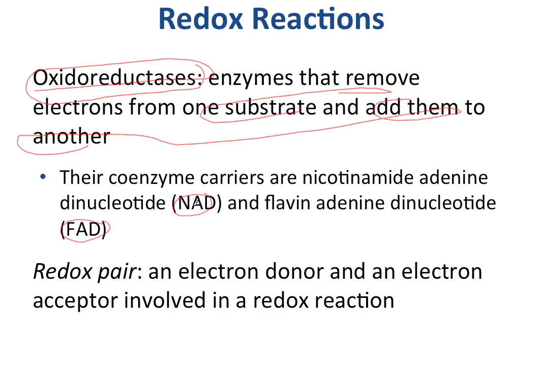Those enzymes work by transferring electrons. So they are oxidoreductases. In the redox pair, the electron donor and electron acceptor are linked together to form redox reactions.